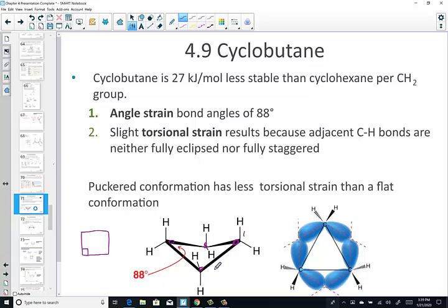Carbons, we'll call this 1, 2, 3, 4. Carbon 1 and 3 kind of are in the same plane, and the others are going down from the paper. So we call that a puckered conformation. So again, very much of a strain. We call it a torsional strain with non-ideal bond angles.